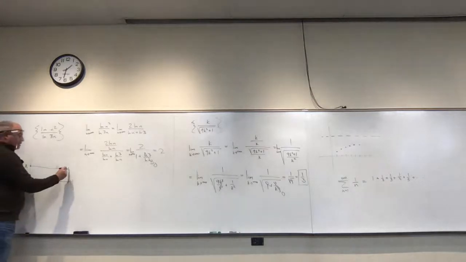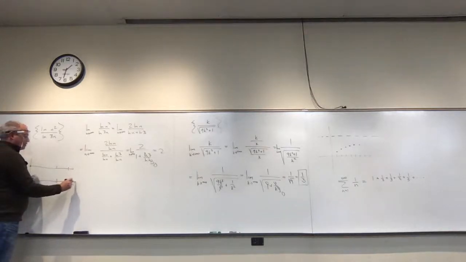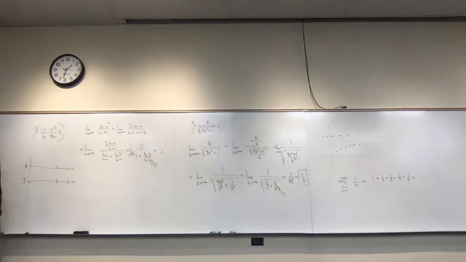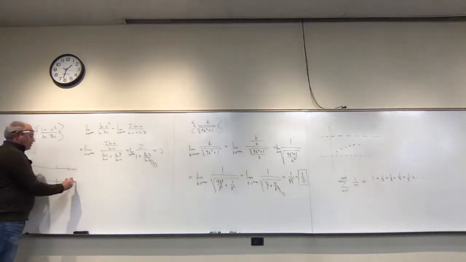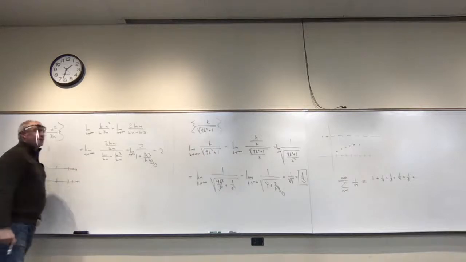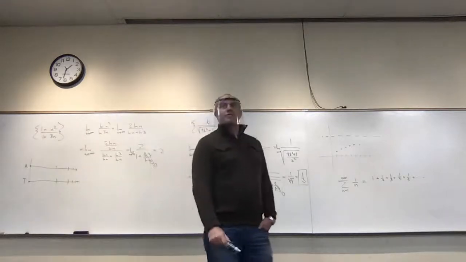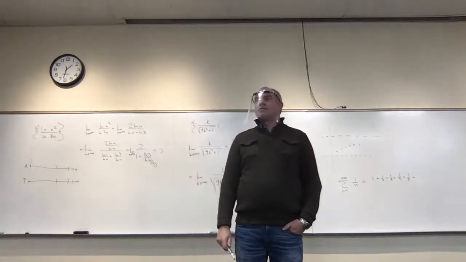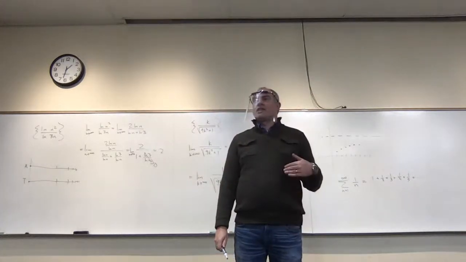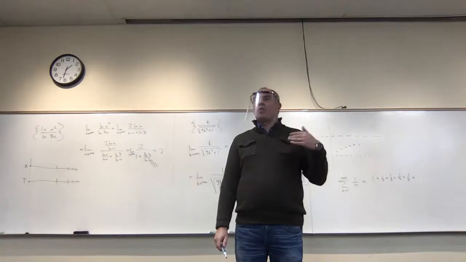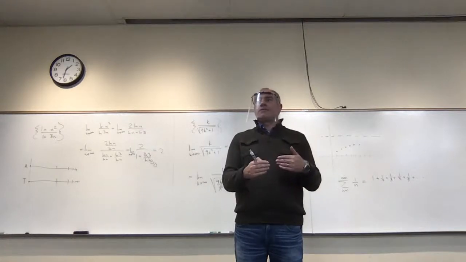And by the time Achilles gets to this place, the tortoise has moved up a little bit. And so on to infinity. And so Zeno said, how can Achilles catch the tortoise, if every time he gets to where the tortoise was, the tortoise has moved forward?